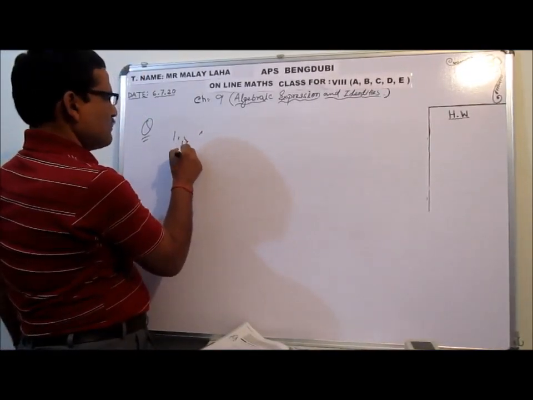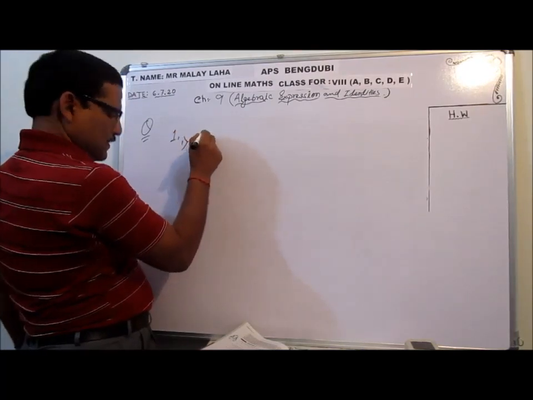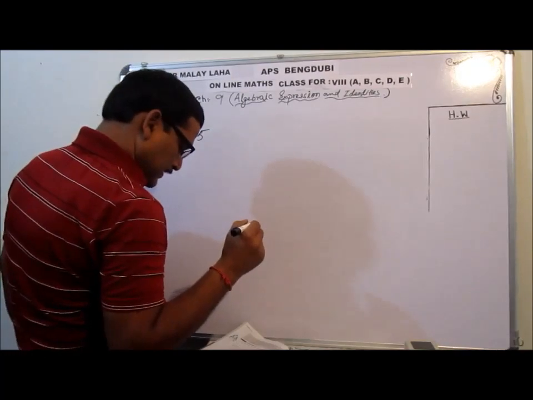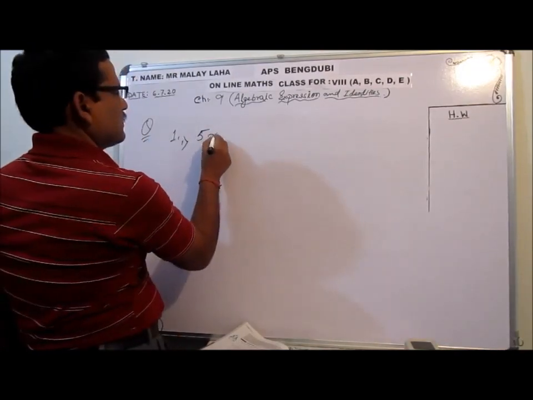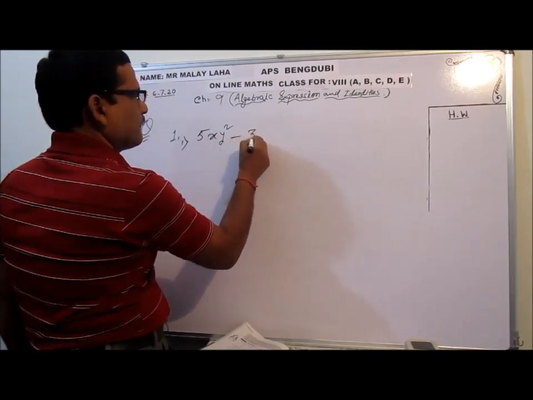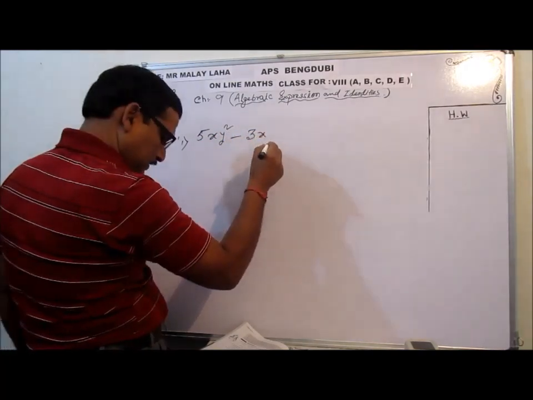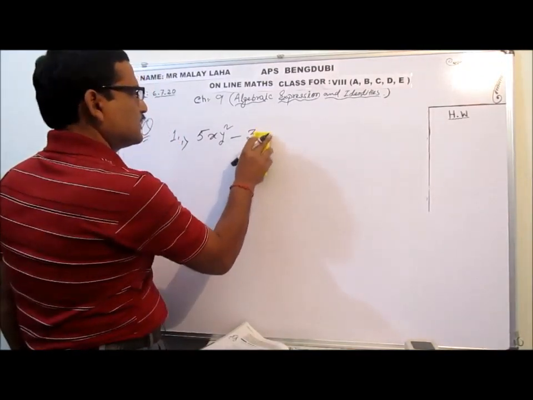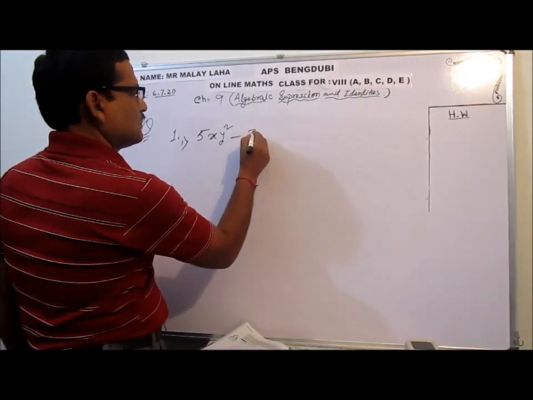Question number 1, part 1: 5xyz square minus 3zx zy minus 3zy.